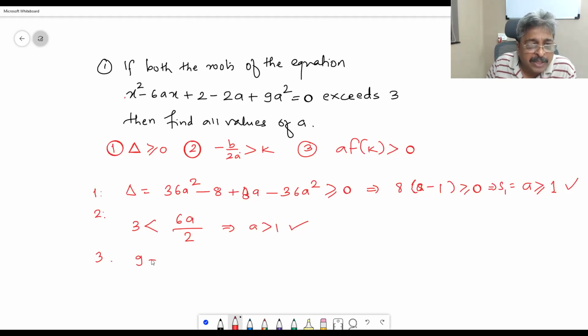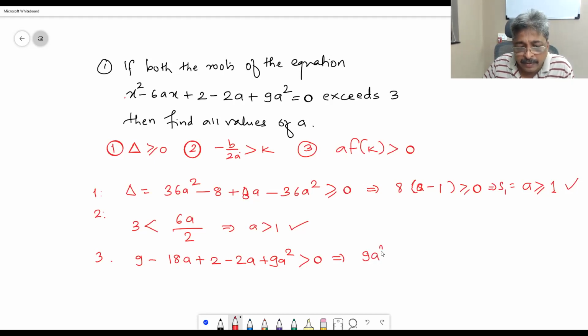So 9 minus 18a plus 2 minus 2a plus 9a square should be greater than 0. Makes it 9a square minus 20a plus 11.